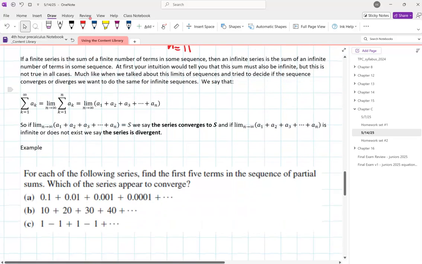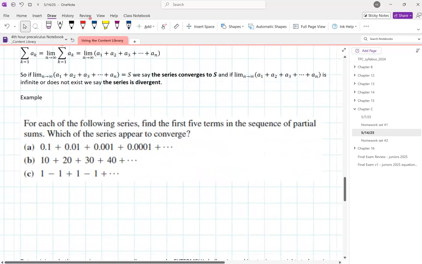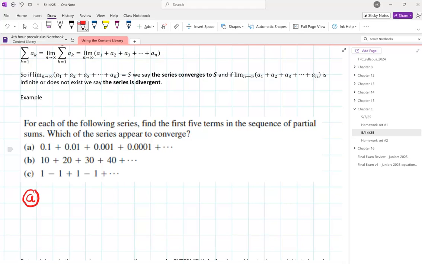So let's look at some examples here. We're just looking at finding the first 5 partial sums, and then to see if they converge or not, and if they do, what do they converge to? So if I look at the first one, the first partial sum is just the first term in the sequence.